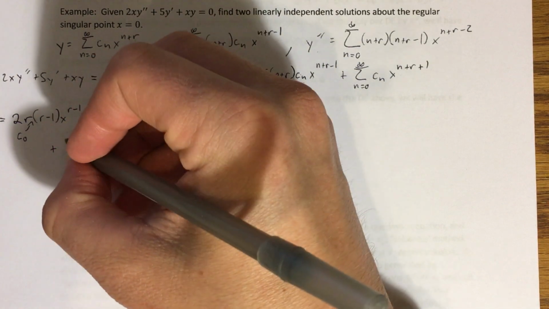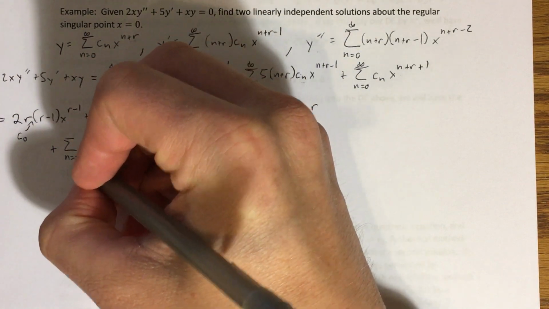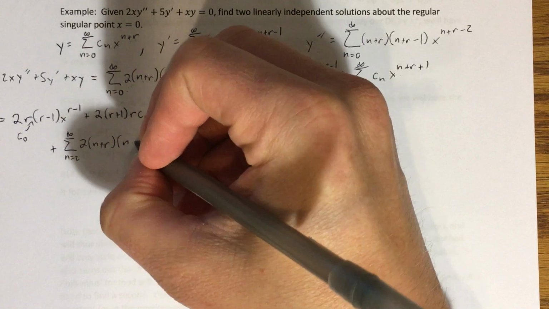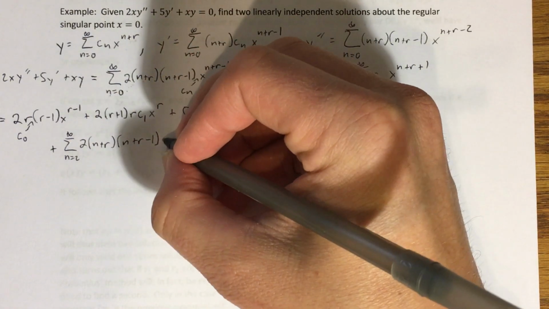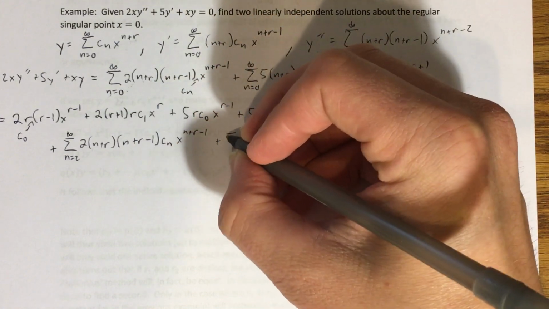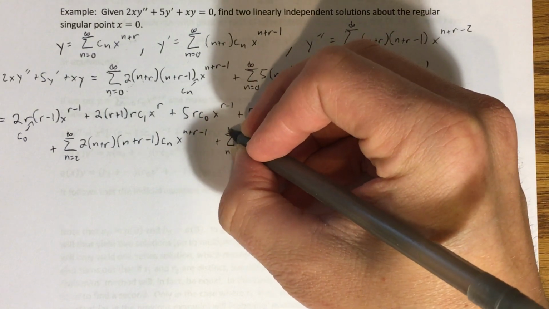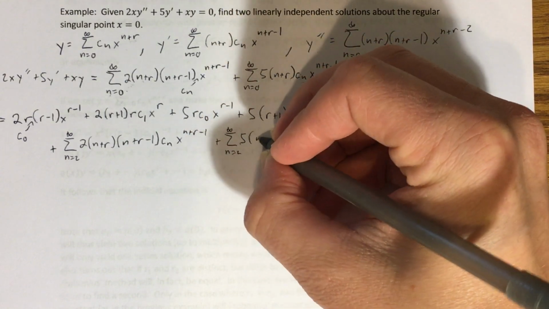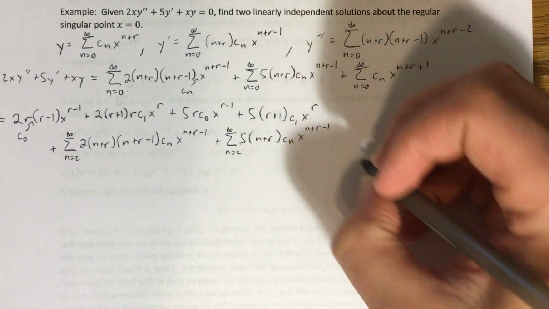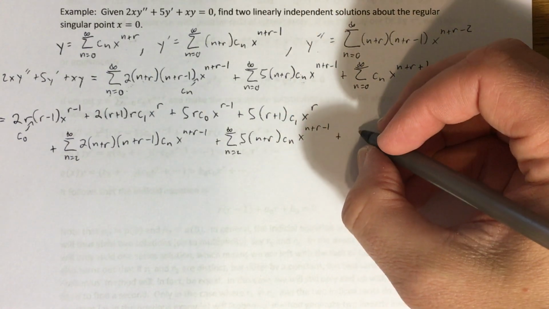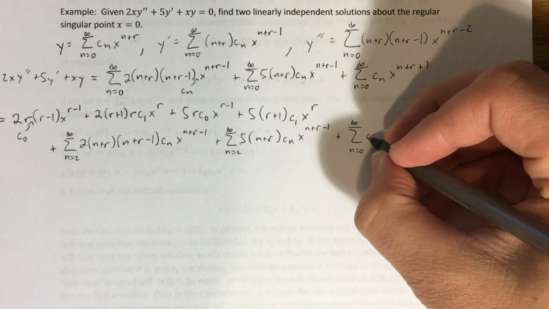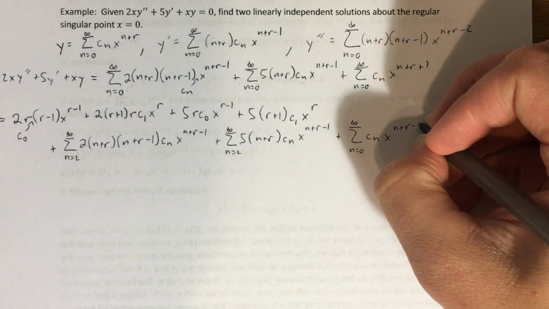So let's look at what those look like. I'm now at n equals 2 to infinity of 2 times n plus r minus 1, cn x to the n plus r minus 1, plus n equals 2 to infinity of 5 times n plus r, cn x to the n plus r minus 1, plus this one, n equals 0 to infinity, cn x to the n plus r plus 1.